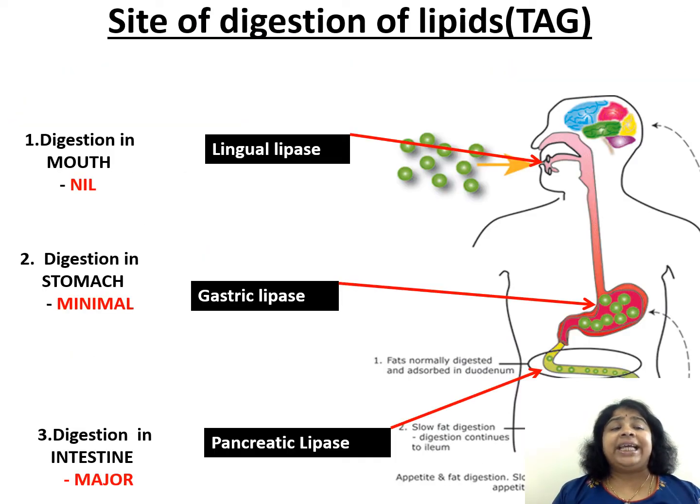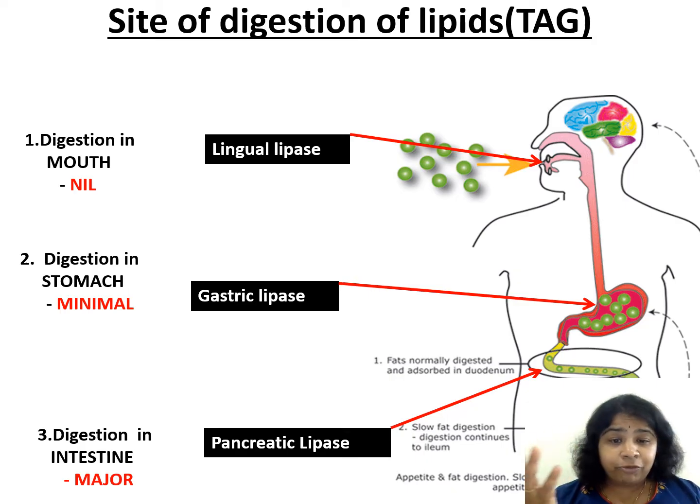First of all, in the mouth there is no digestion happening. There is an enzyme lingual lipase, but lingual lipase is not going to be active for two reasons. One, the amount of time that the food stays in the mouth is very less. You're going to be chewing and swallowing the food. You're not going to let it stay in your mouth for an hour or so, not even for 10 minutes.